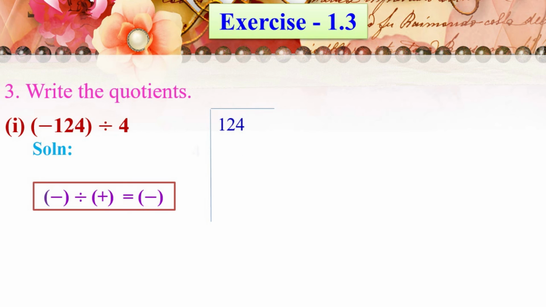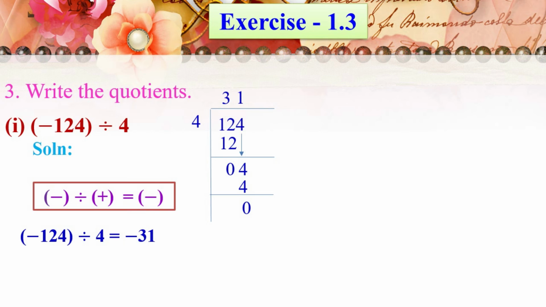Now we can divide. 3 4s are 12. 12 minus 12, 0. Now bring down 4. 1 4 is 4. 4 minus 4, we get 0. Therefore, minus 124 divided by 4 is equal to minus 31. The quotient is minus 31.